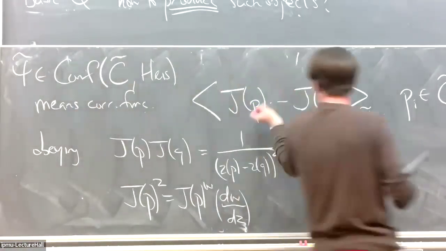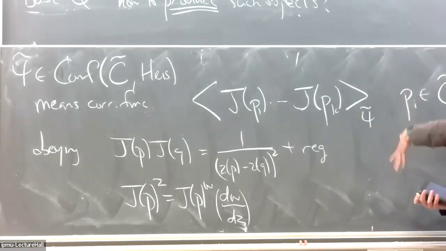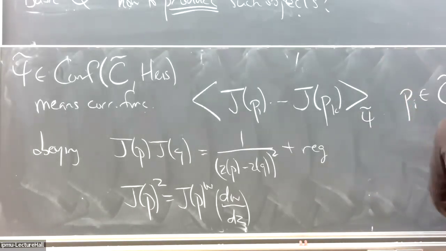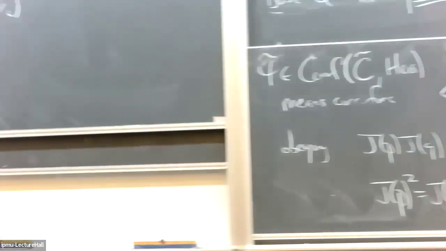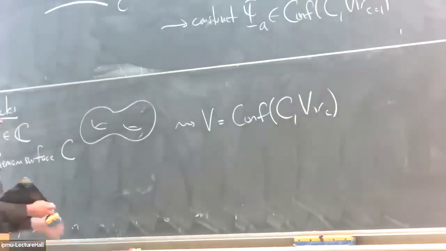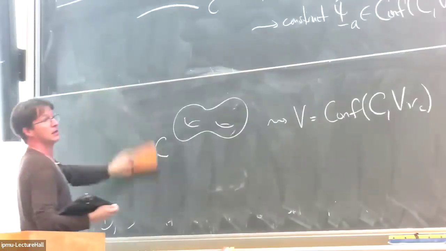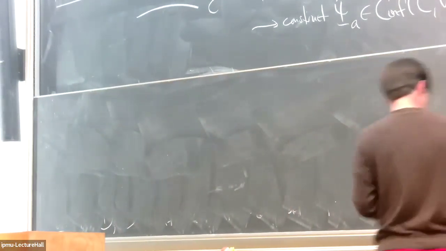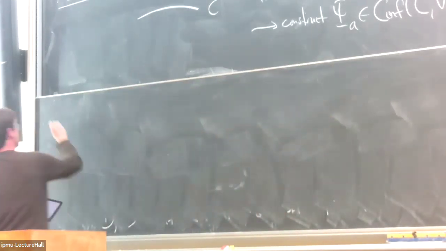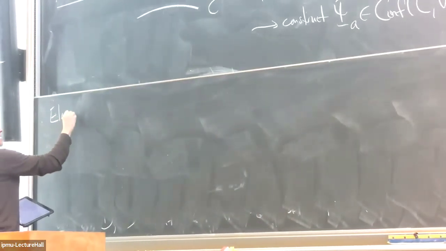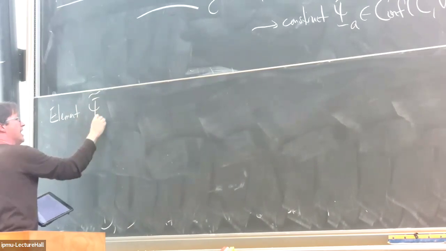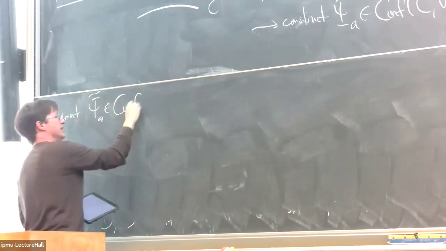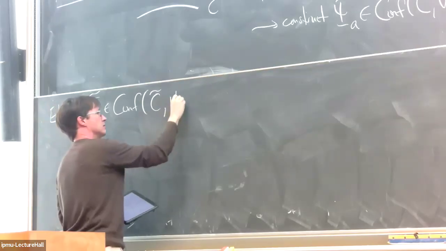And here, if you try to make a system of functions with these properties, you find that you can do it using just the analytic geometry of Riemann surfaces. So let me write the first couple of correlation functions. I'm going to write an element psi twiddle A in the space of Heisenberg blocks from the cover.